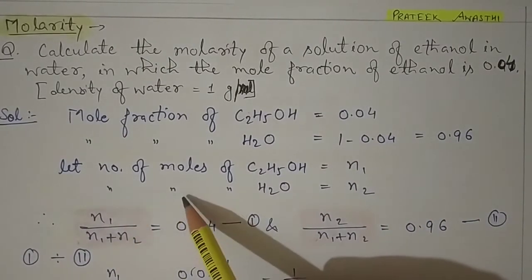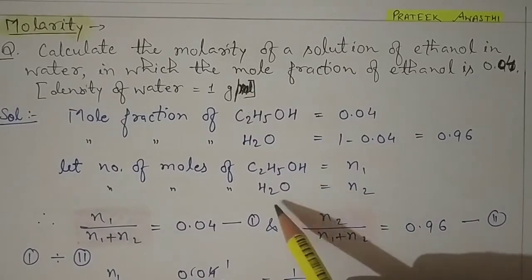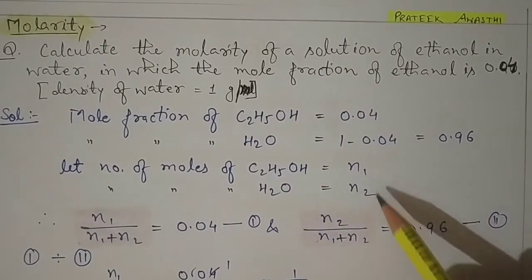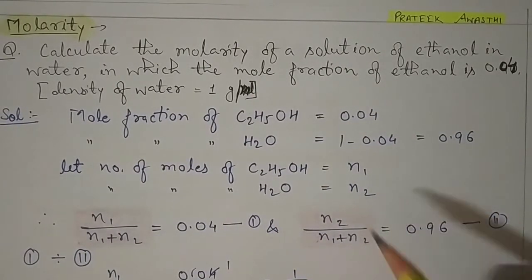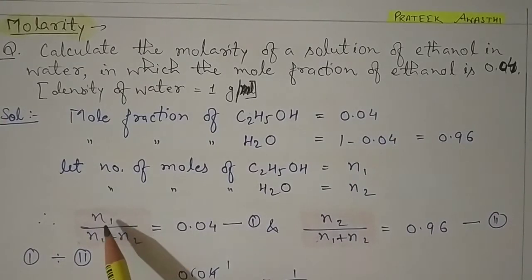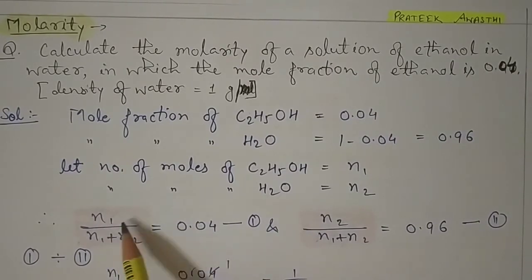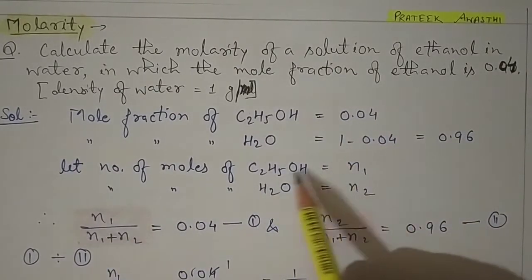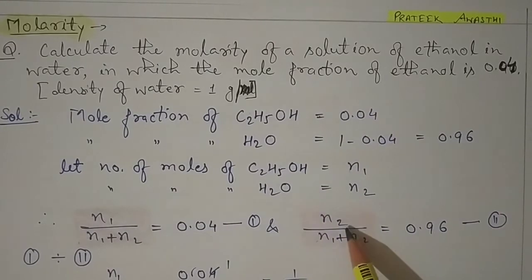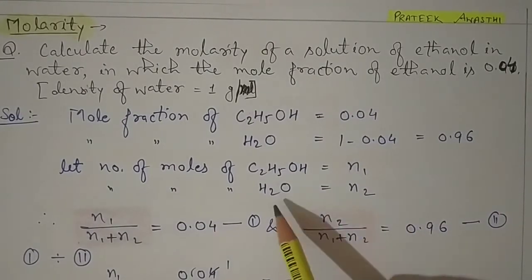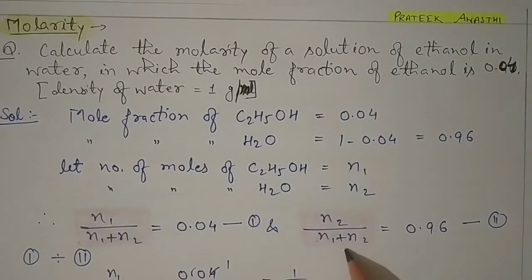So let the number of moles of C2H5OH and H2O be n1 and n2. By the formula of mole fraction, it would be n1 upon n1 plus n2 is equal to 0.04, that is the mole fraction of C2H5OH, and for H2O the mole fraction would be n2 upon n1 plus n2 is equal to 0.96.